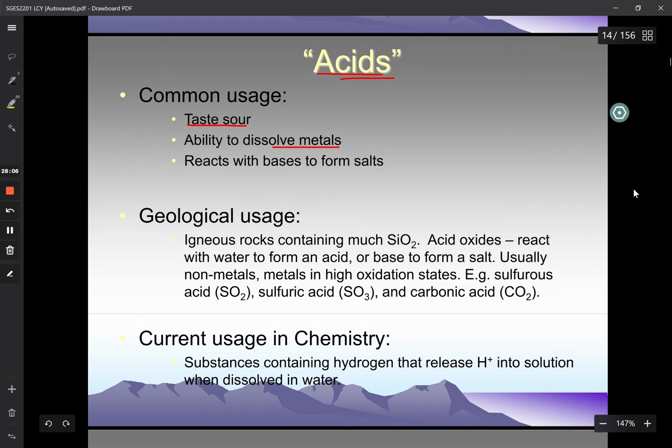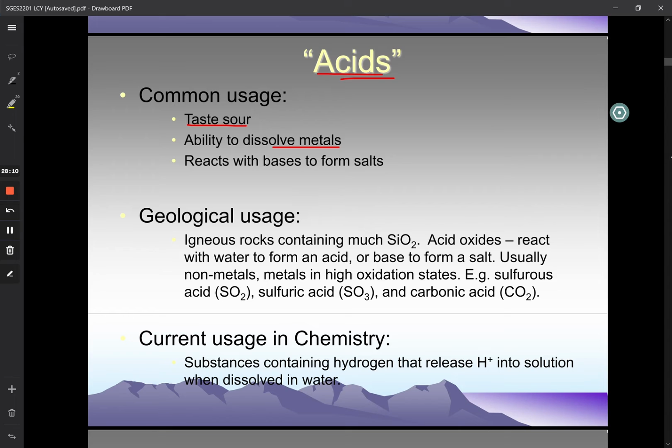If you still remember, when acid reacts with metal, this produces a salt and also hydrogen gas.